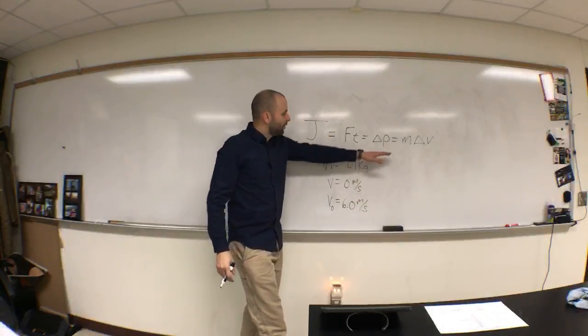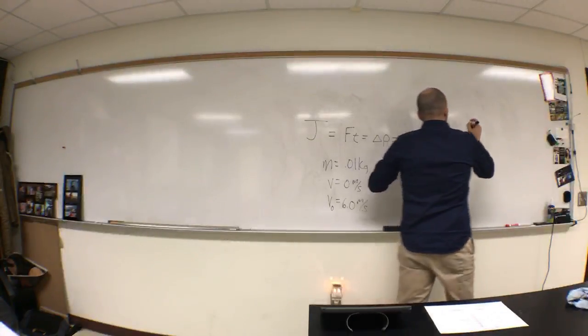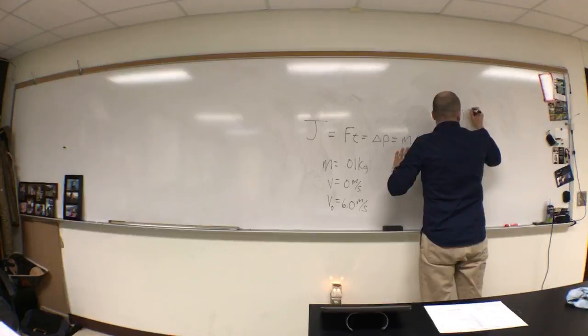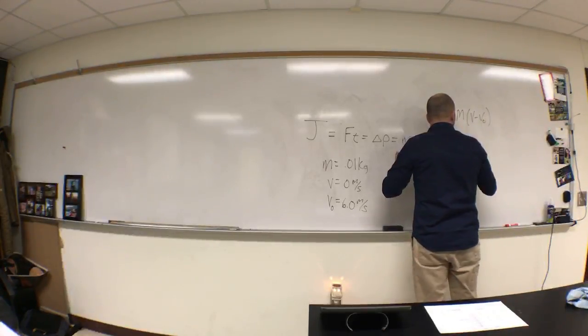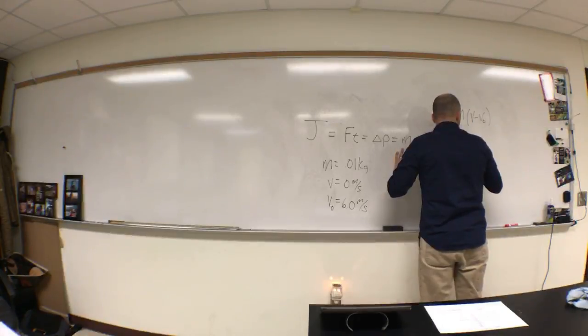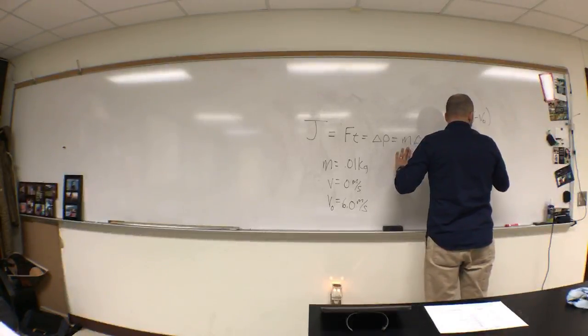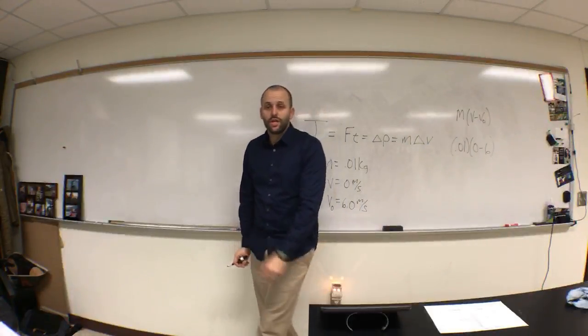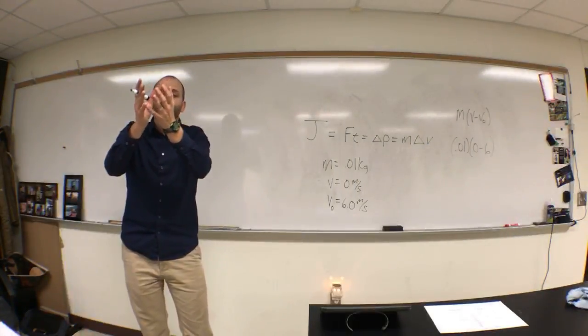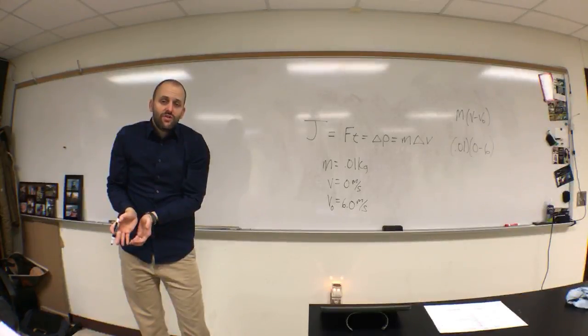When I go to solve for this up over here, I'm going to do mass times V minus V naught, or 0.01 times 0 minus 6. You should get a negative answer here because we applied a force in the opposite direction that it was coming.